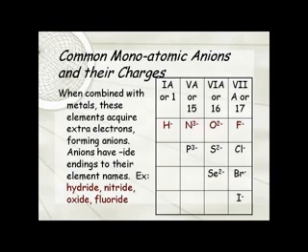And the way that you can predict this charge, for instance, fluorine, when it's neutral, has 9 protons and 9 electrons. The fluoride ion has 9 protons, which are positively charged, but 10 electrons, which are negatively charged. And the difference between 9 plus and 10 minus is 1 minus, and that's what accounts for its charge.